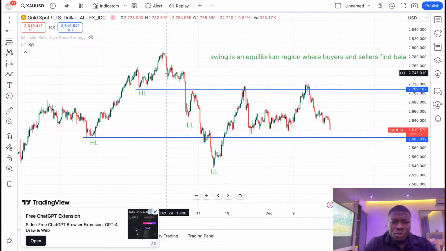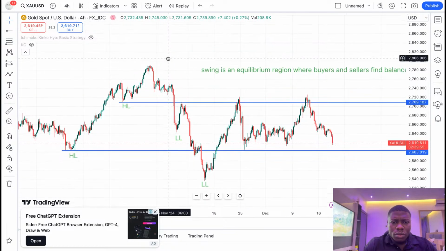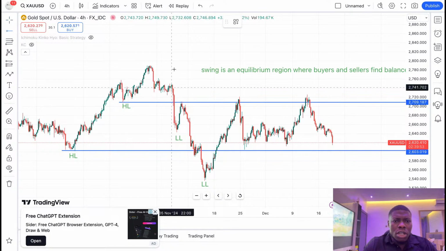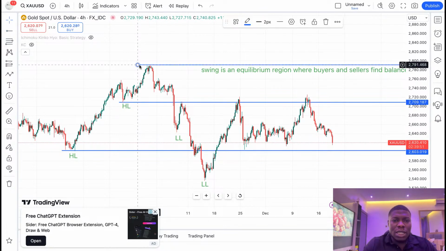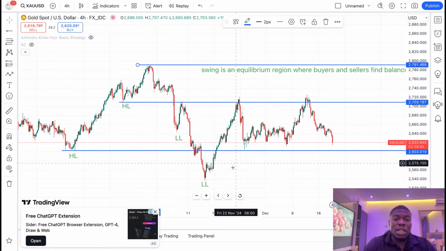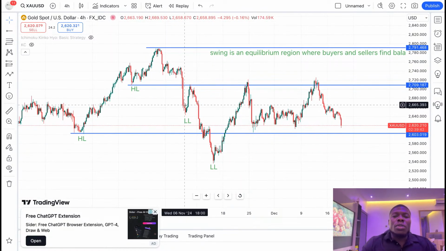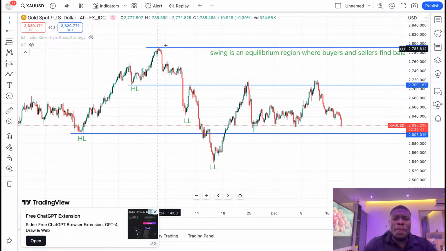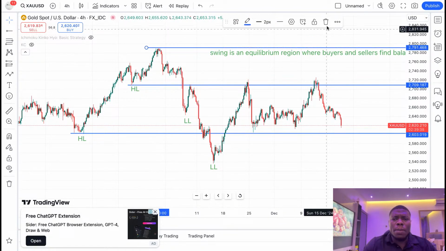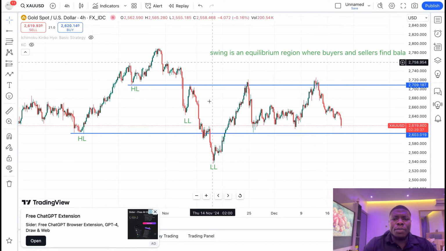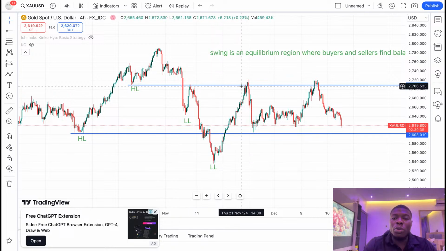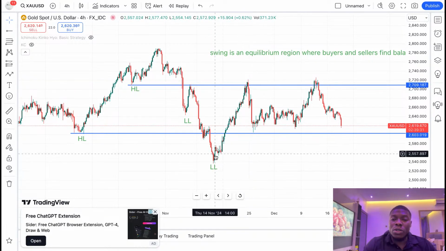So now, this uptrend is going to invalidate again in this region. That is where it's going to invalidate again. Then you are going to look for opportunities of selling any moment from now, because we are in a downtrend.